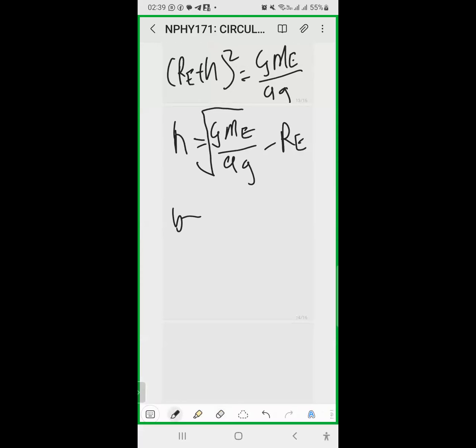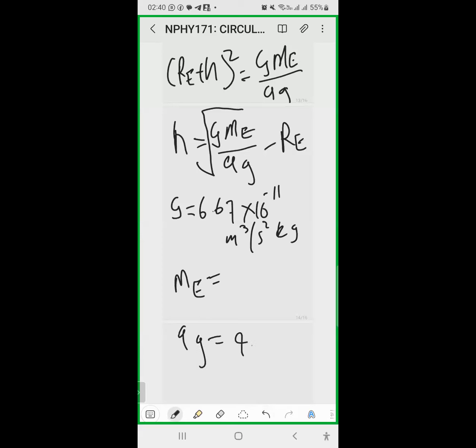So we know that G, which is the gravitational constant, has a magnitude of 6.67 times 10 to the power minus 11 meter cubed per second squared kg. And then the mass of the Earth is given in the question. And then also the gravitational acceleration ag is given to be 4.9 meters per second squared.